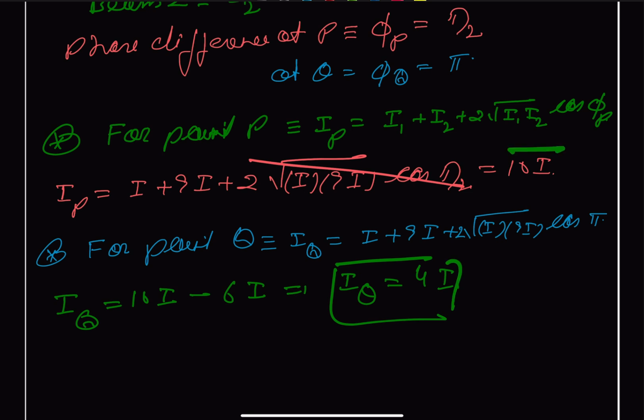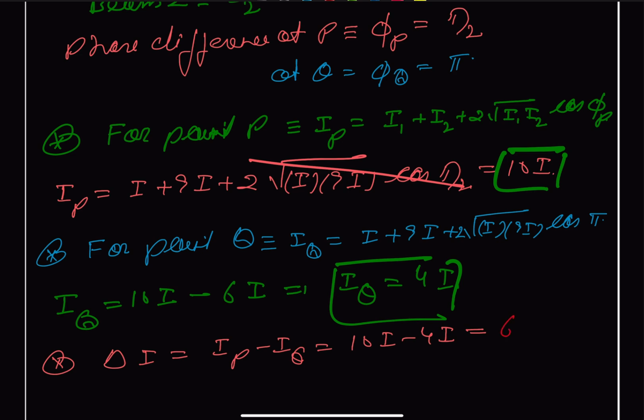So we found out IP as well as IQ, and we have to find out the difference between IP and IQ. So we can say delta I is our IP minus IQ, that is 10I minus 4I, giving us 6I.